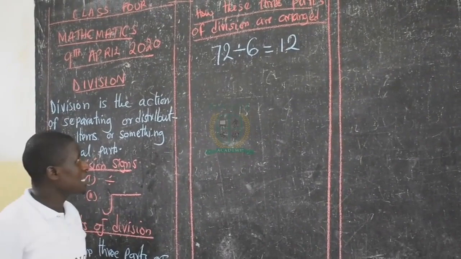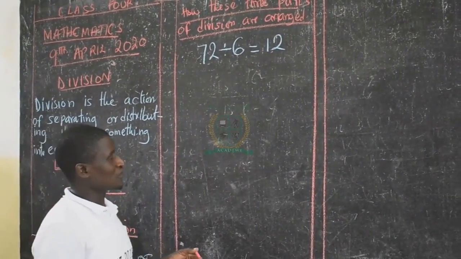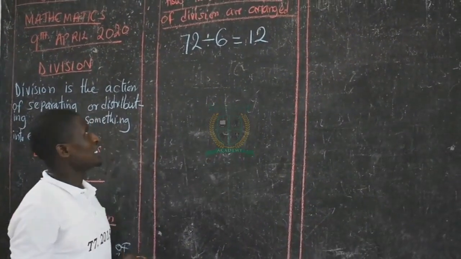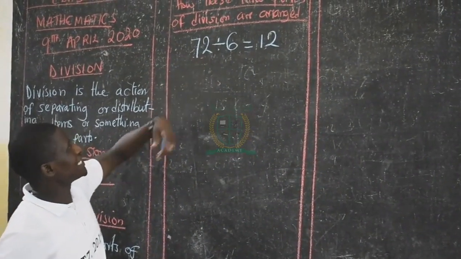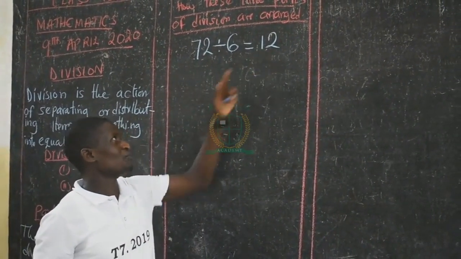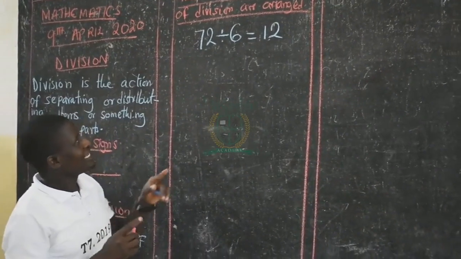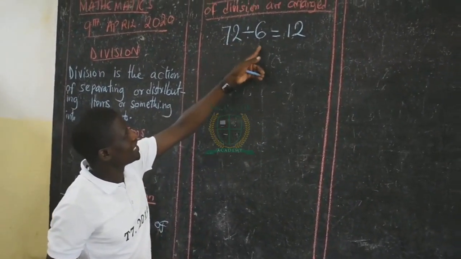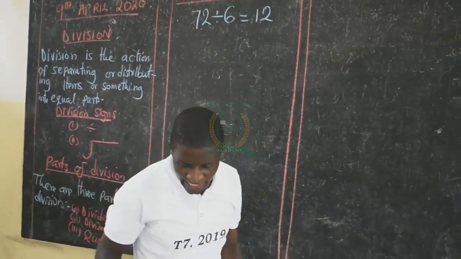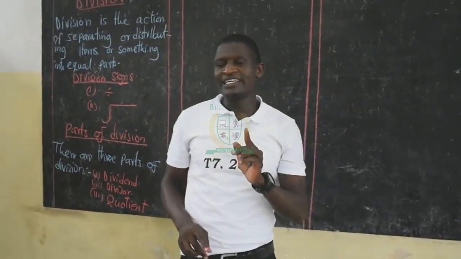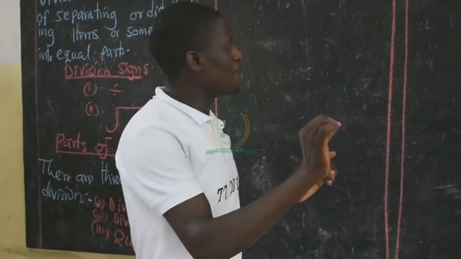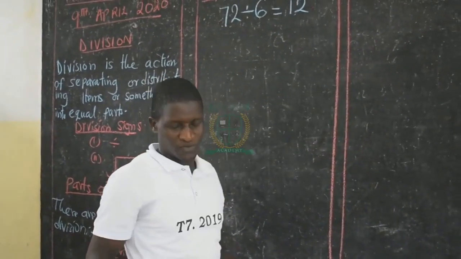Now, you can ask yourself, where is the dividend? Is it 72? Is it 6? Is it 12? In this case, the dividend is the bigger number in a division.